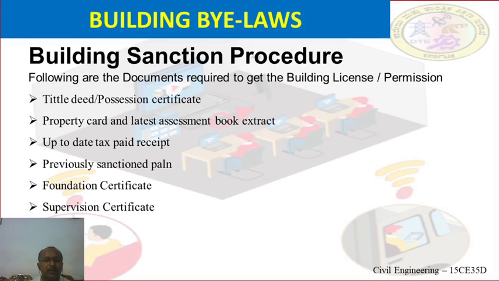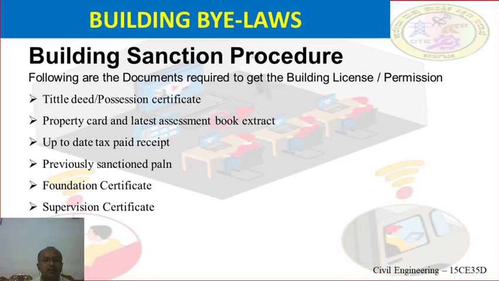So that's the reason why the foundation certificate is also a must document, or compulsory document, which you need to produce for the sanction of the building to the competent authority. And the supervision certificate shall be produced in format 3.